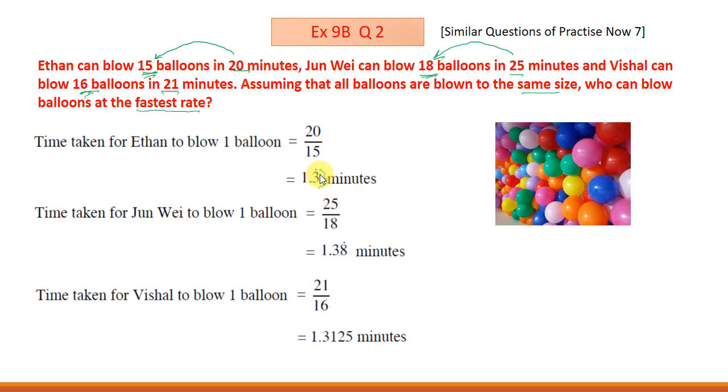Ethan took 1.33 minutes, and Junvi took 1.38 minutes, and Vishal took 1.31 minutes. So the lesser time is for Vishal. He took less time to blow the balloon. Hence his rate is fastest of the three. So our answer will be Vishal can blow balloons at the fastest rate.